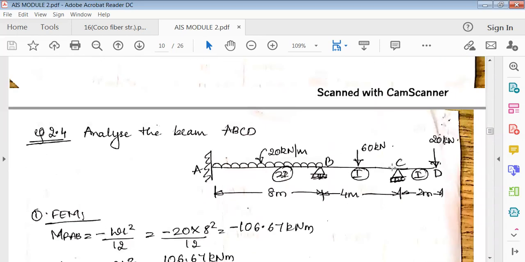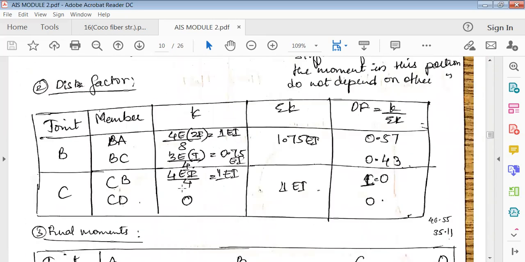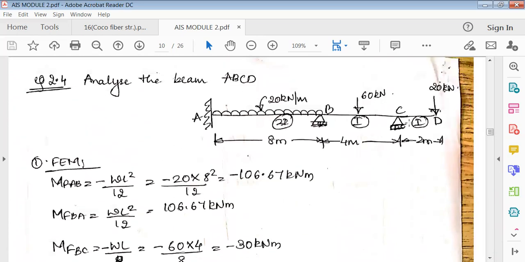Likewise, at joint C, it connects CB and CD. For CB, because B is an intermediate support, it will be treated like a fixed support only, so it is 4EI by L. And as we have discussed earlier, CD is an overhang.